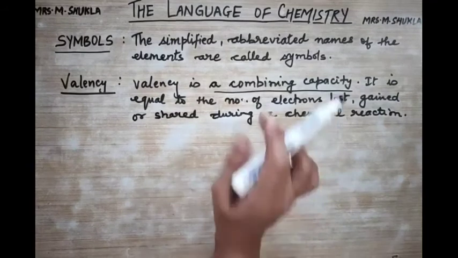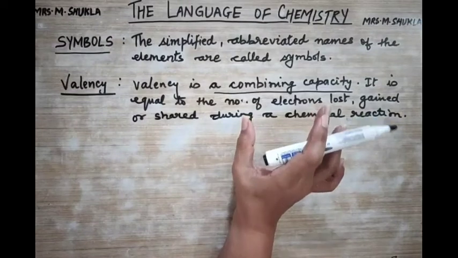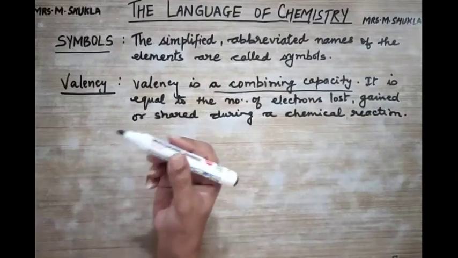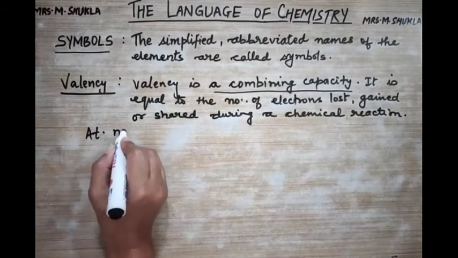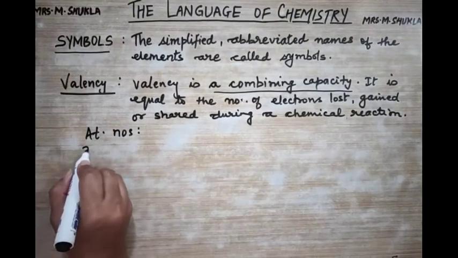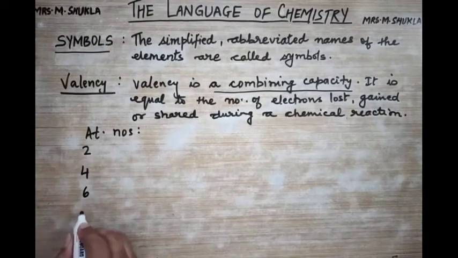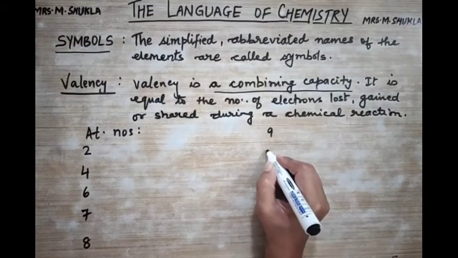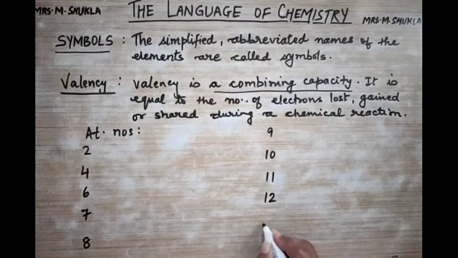Now understand each and every word that I used over here in this definition of a valency. Let me explain this by giving you certain examples. I'm going to take certain atomic numbers. For example, atomic numbers that I'm going to use over here will be 2, 4, 6, 7, 8, 9, 10, 11, 12 and 17.